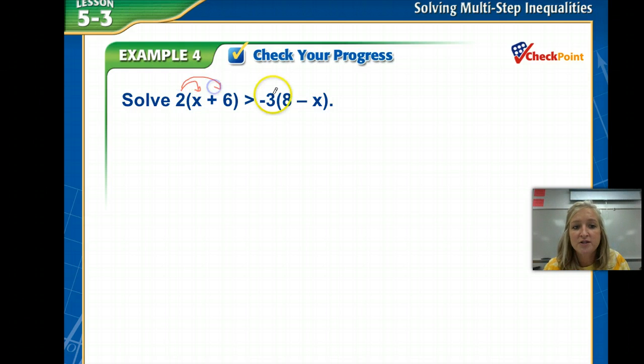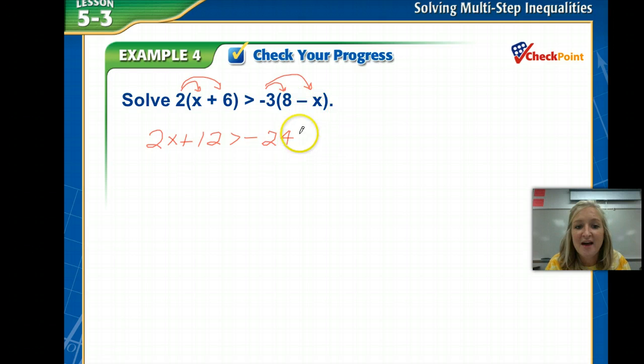I am going to go ahead and do a little shortcut and show that I'm going to distribute. So I have 2x plus 12 is greater than negative 24, and a negative 3 times a negative x is a positive 3x. So I'm going to draw my line down the inequality sign. Let's see.